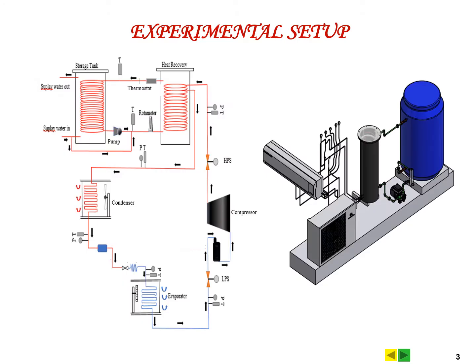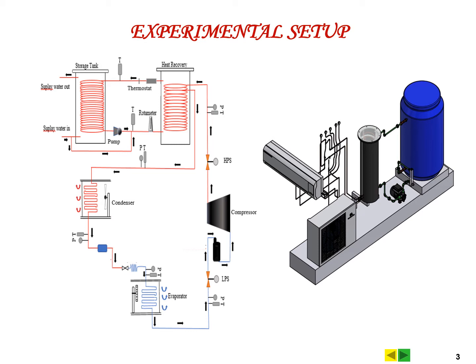Okay, let's continue with the experimental setup. The main components that form a refrigeration system are the compressor, the condenser, expansion valve, and the evaporator. The figure on our right-hand side is the three-dimensional view of our experimental setup. Let's go back to the left figure.